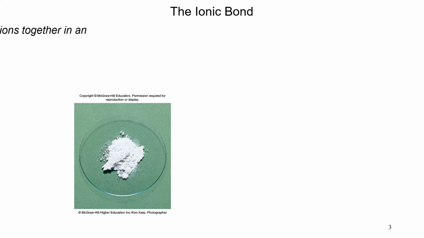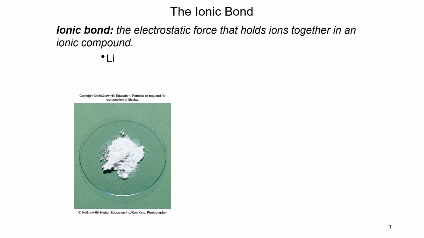All right, so let's look at the ionic bond, which again is the electrostatic attraction that holds those ions together in the compound. We're going to use lithium and fluorine as examples here. So we have the Lewis structure or symbol for each of these atoms as neutral elements.